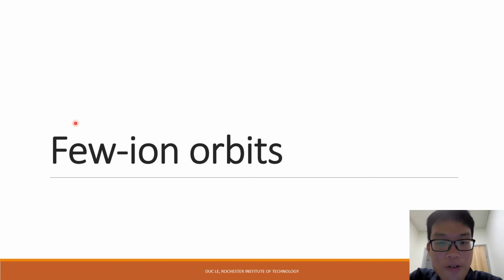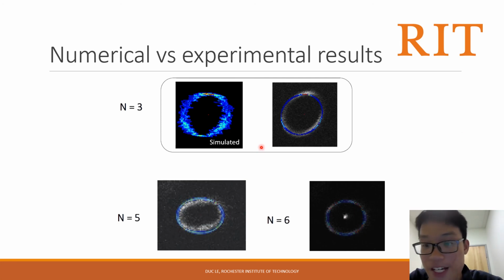And we were also able to expand our numerical framework to describe the behavior of systems with more than 2 ions. So here are some of the figures that we obtained during our numerical analysis using the same model with the same force contributions.